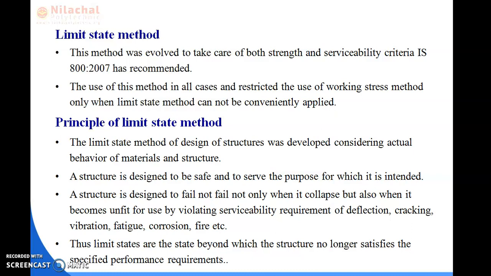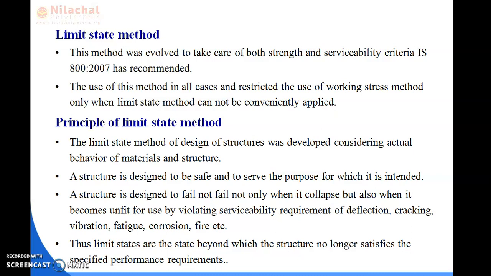The next point is that a structure is considered to fail not only when it collapses, but also when it becomes unfit for use by violating serviceability requirements of deflection, cracking, vibration, fatigue, corrosion, fire, etc. As I said, it gives an indication in the form of cracking, deflection, vibration and corrosion, so that we have a lot of time to reconstruct the structure so that it doesn't fail.